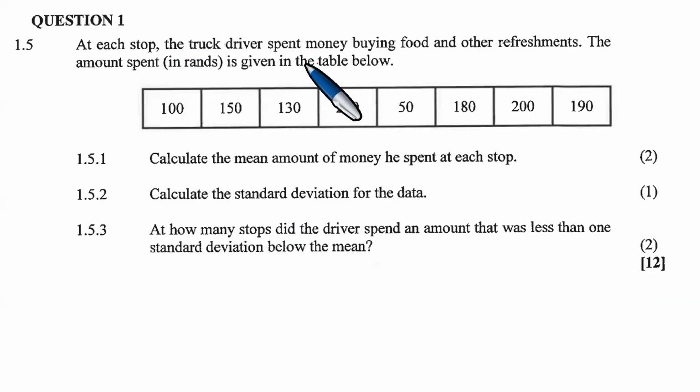At each stop, the truck driver spent money buying food and other refreshments. The amount in rands is given in the table below. Calculate the mean amount of money he spent at each stop. Okay, now we need the mean.